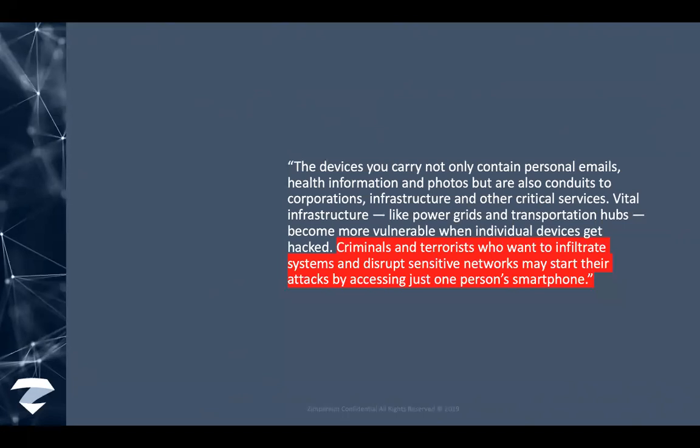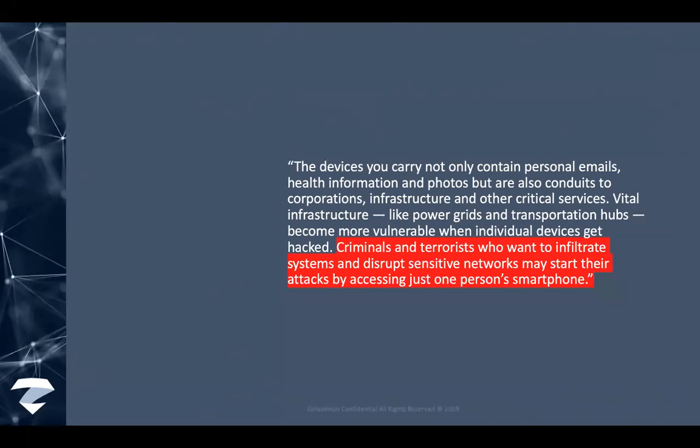They become more vulnerable when an individual device gets hacked. So criminals and terrorists who want to infiltrate systems and disrupt sensitive networks may start their attacks by accessing just one person's smartphone. So if one person is going to create the vulnerability for your entire corporation, that's pretty powerful.